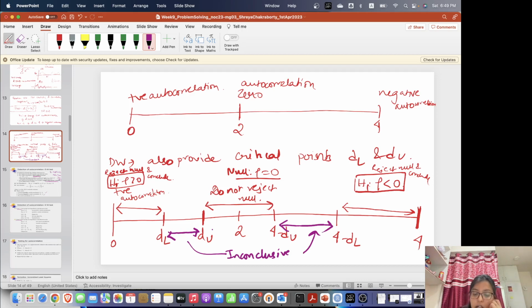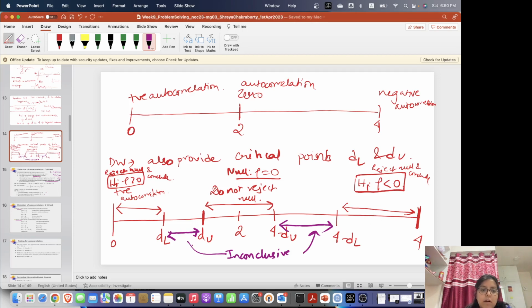If it is falling within du and 4 minus du, then we do not reject the null and accept that there is no autocorrelation or zero autocorrelation. And if it crosses dl at the extreme end, then we say that there is positive autocorrelation. And if it falls within the range beyond 4 minus dl, then we reject the null and conclude that yes, there exists negative autocorrelation in the data.